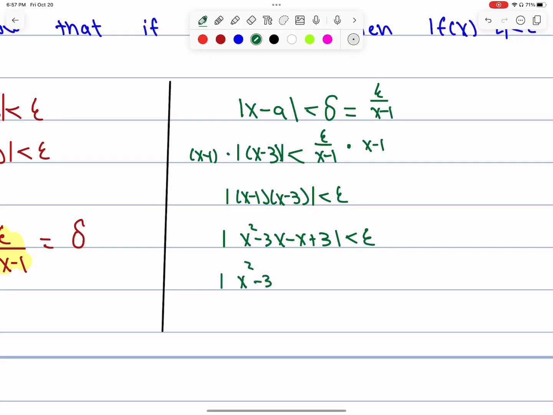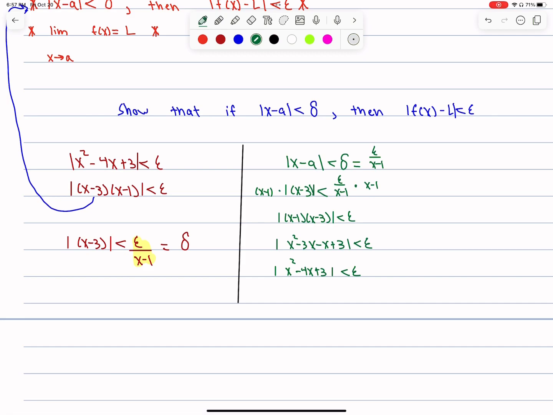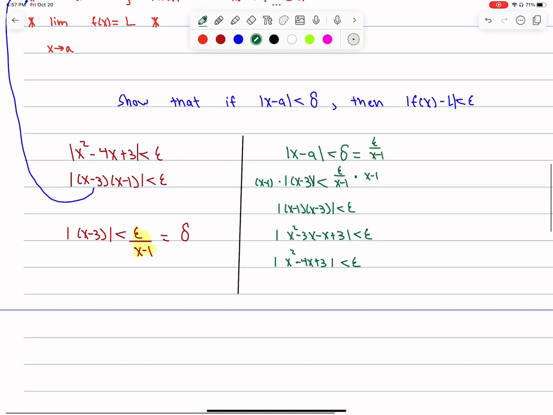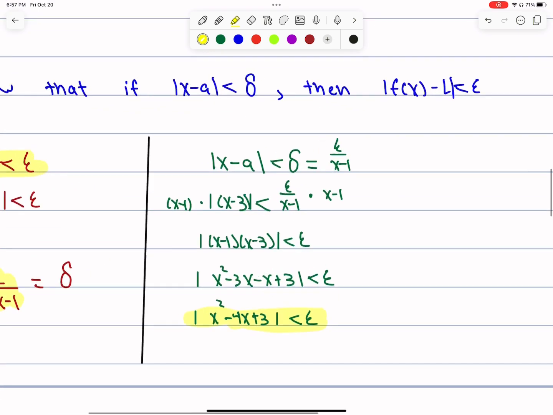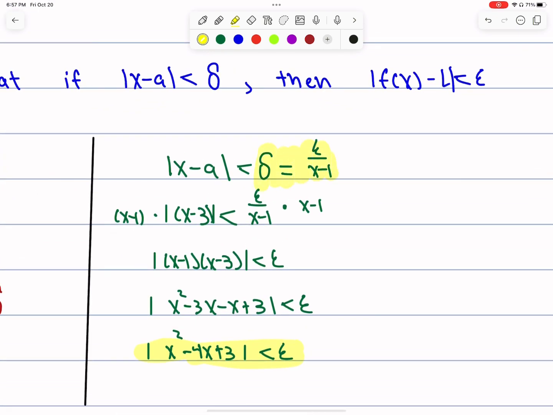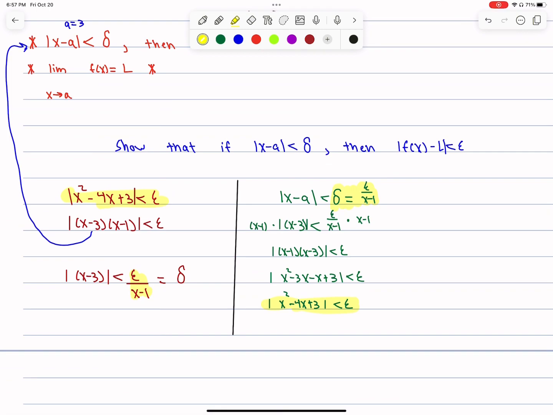Now combining like terms, we get x squared minus 4x plus 3. Again, don't forget the absolute value is less than epsilon. And as you can see here, this matches up with our original inequality of the absolute value of f of x minus L is less than epsilon, thus proving that if the absolute value of x minus a is less than delta, then the absolute value of f of x minus L is less than epsilon.